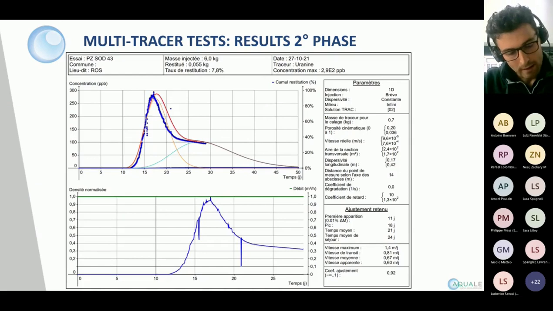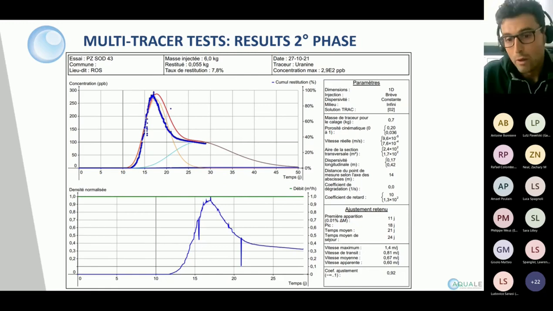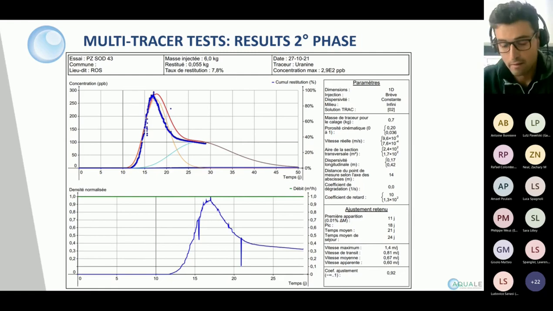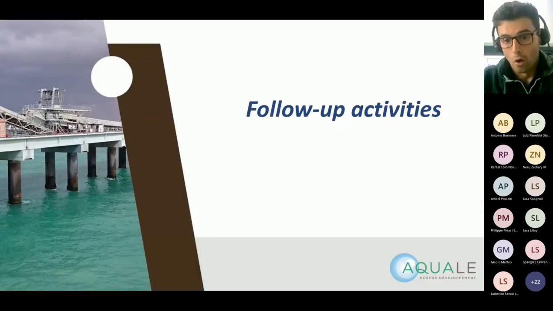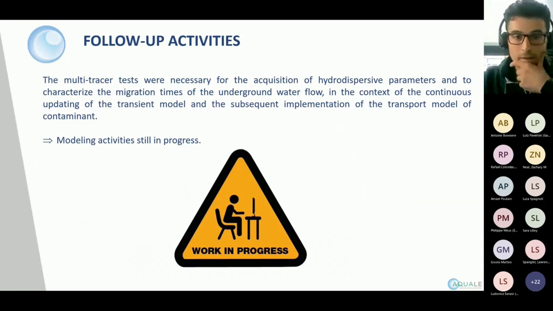Using the Track software, as for the first injection, breakthrough curve analysis was performed, and we obtained an excellent breakthrough curve from which it was possible to extrapolate much more reliable hydrodispersive parameters. Those data were very important to implement the transient model.